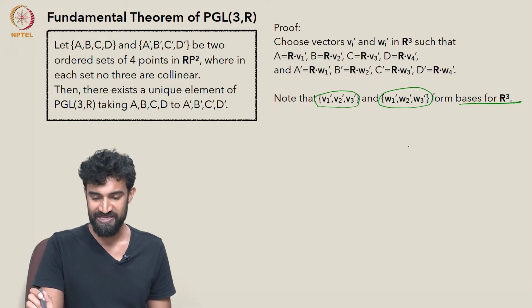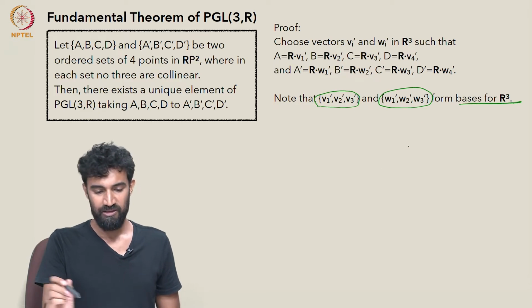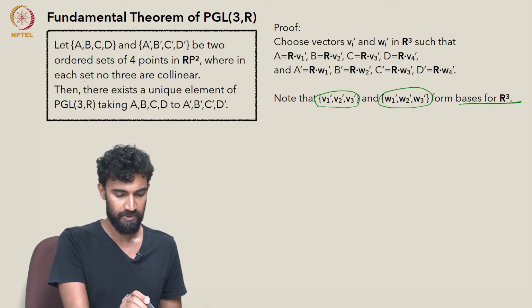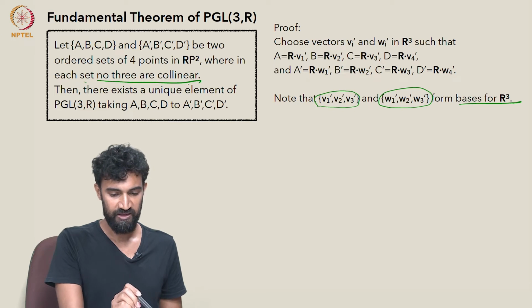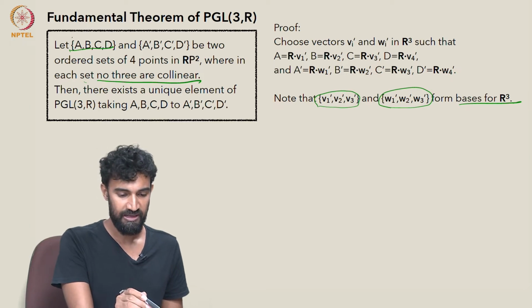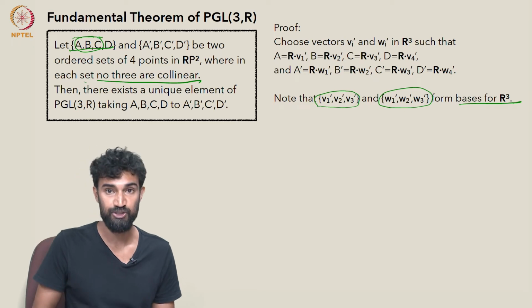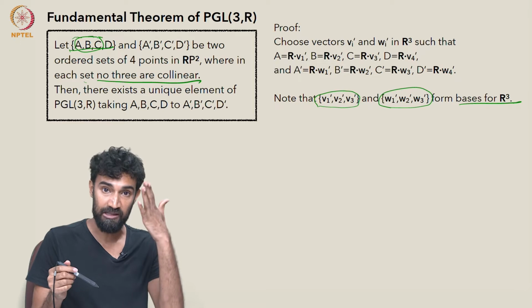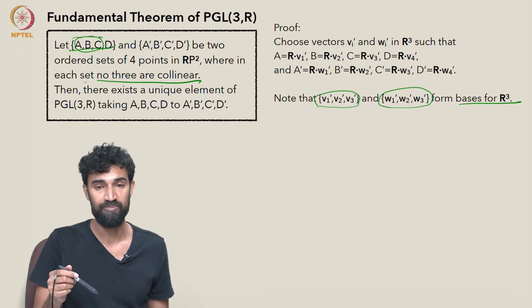How do we know it forms a basis? Well, it comes from this restriction here. In each of these sets A, B, C, D, we know that no 3 are collinear. In particular, A, B, and C are not collinear points in RP2. What does that mean? It means they do not lie on a projective line in RP2.